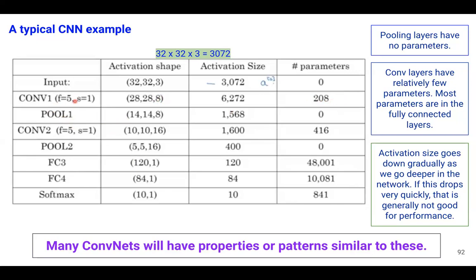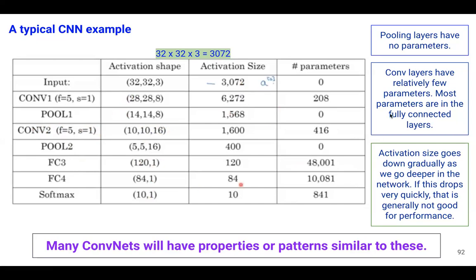So there is no parameter, and you manage to reduce the activation shape and activation size. Then you have another conv layer with 16 filters now, and this goes on. So pooling layers have no parameters. This is one thing to note.